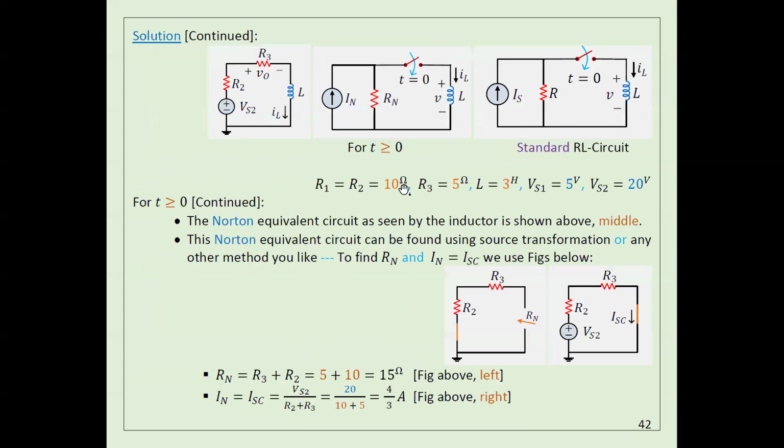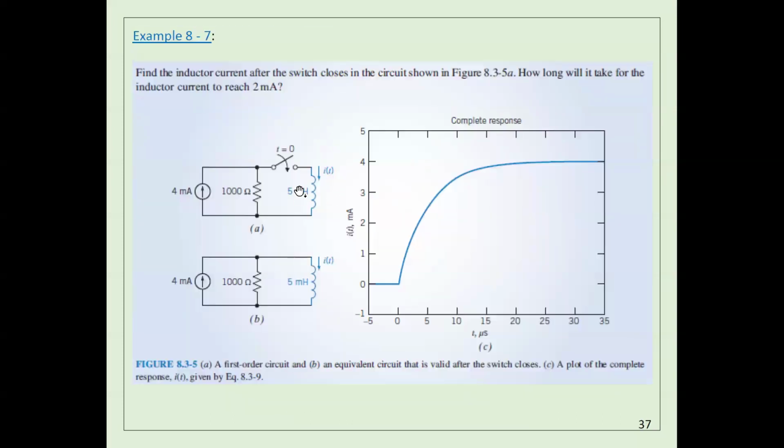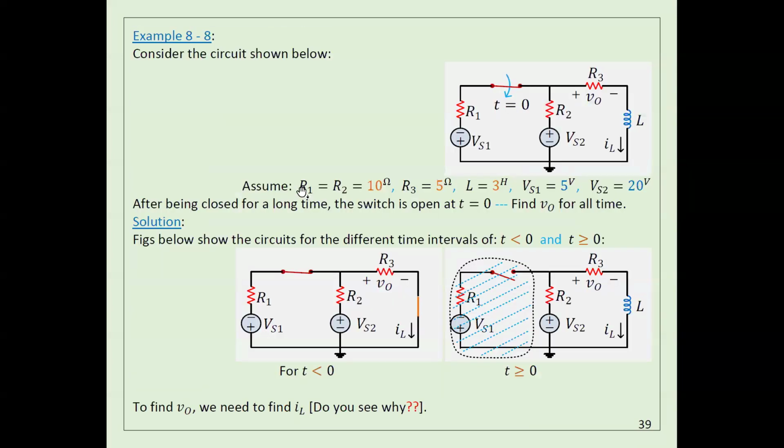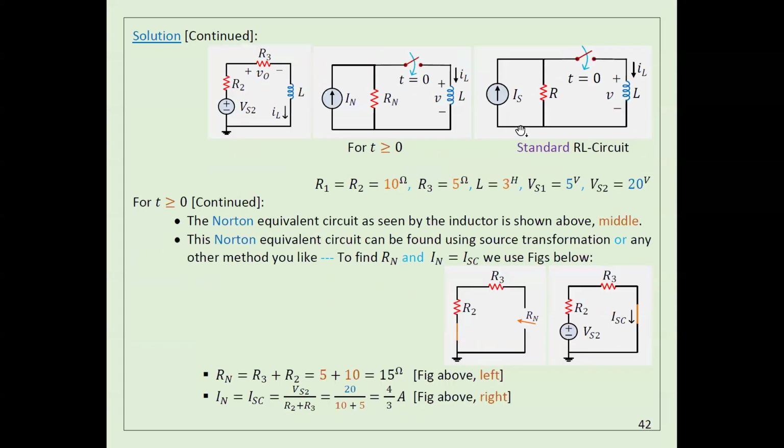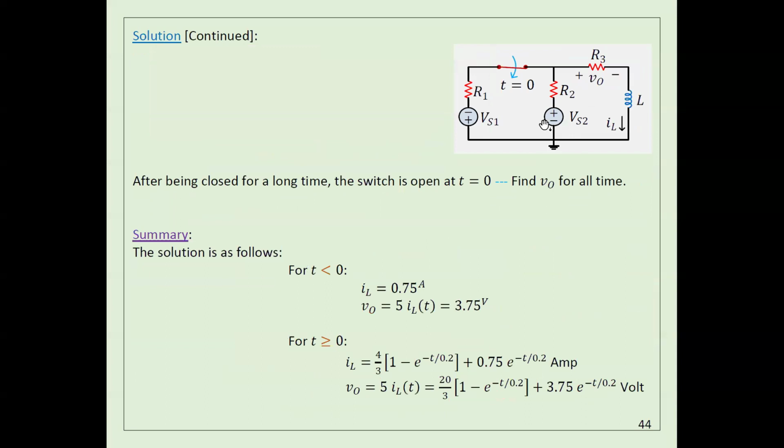If I go back here, in the first example, when the switch was open, the current here was zero, because the inductor was not connected. There was no current in this circuit. But in this circuit here, initially when the switch is open, there was current here, so I need to calculate it. The switch was open, but there was a branch.